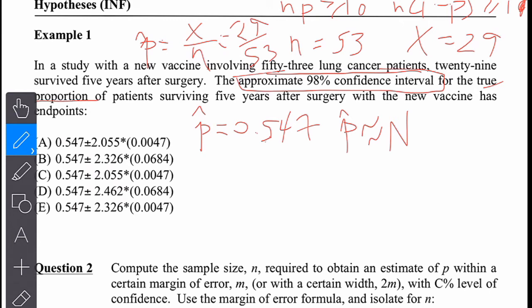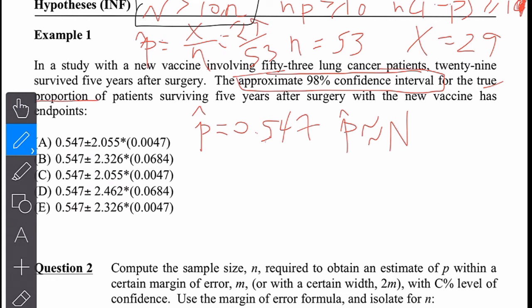Large means that the population size is greater than 10 times the sample size. That's what I wrote there, and it's in the notes. So those characteristics are satisfied.